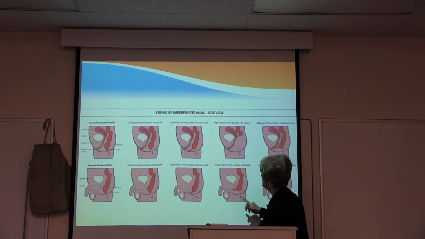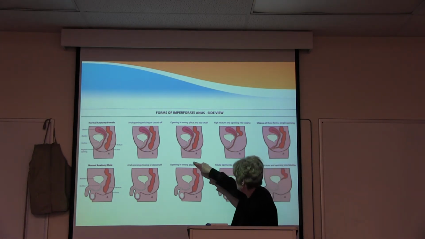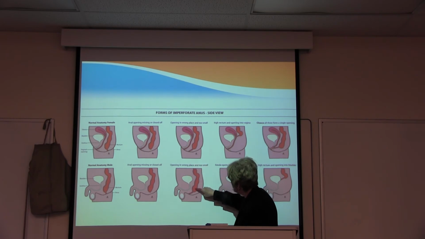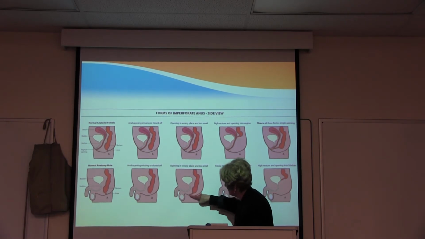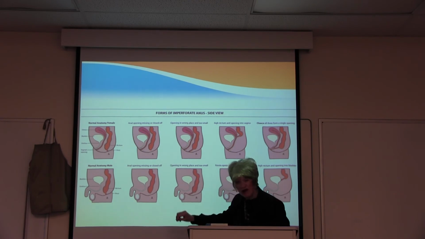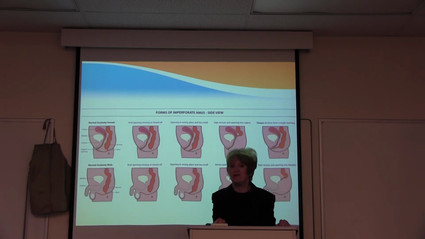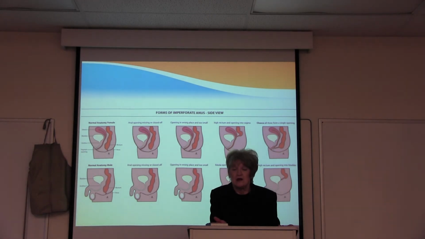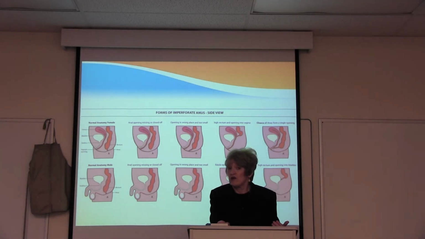But if you had an intermediate level lesion, what would happen is that the rectum would form, and the anal canal would form, and would get almost all the way through this pelvic sling, but not quite all the way. So again, when the baby's born, do you see an anal opening? No, there's no anal opening. But are all the critical muscles there? Yes, so the only thing that didn't form was the very distal anal canal.